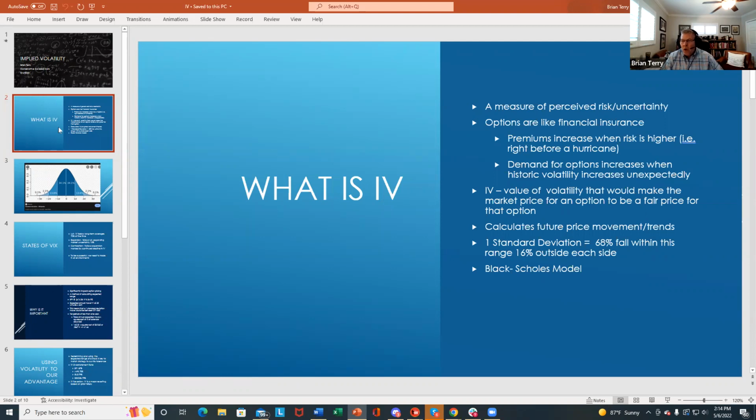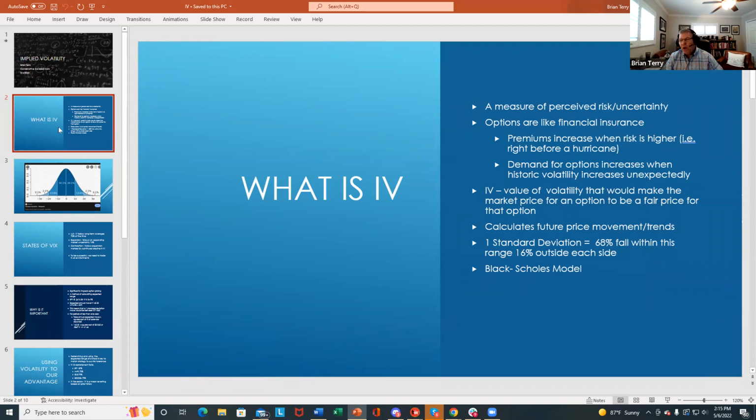Same thing with a financial storm, like an unknown, like CPI numbers coming out, or a big Fed meeting that's going to increase risk, and the price of options goes up. The other thing that's pretty interesting is demand for options increases when historic volatility increases unexpectedly.